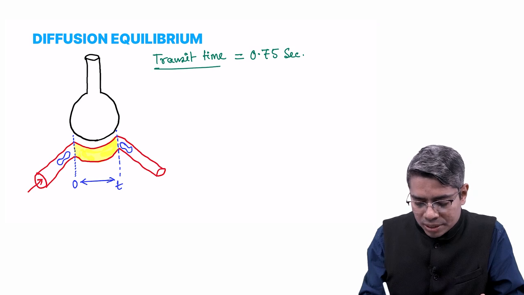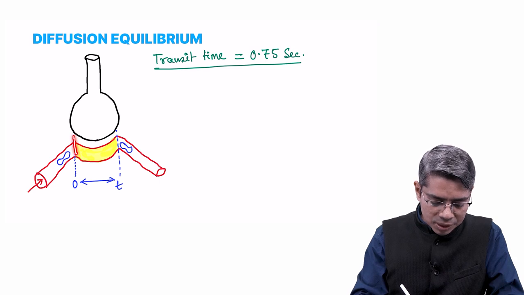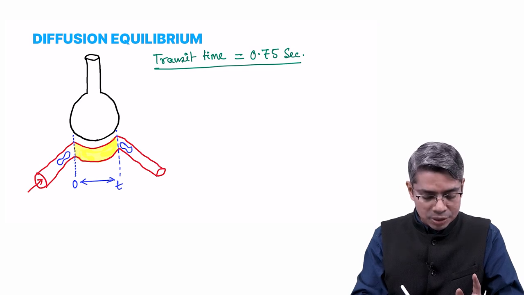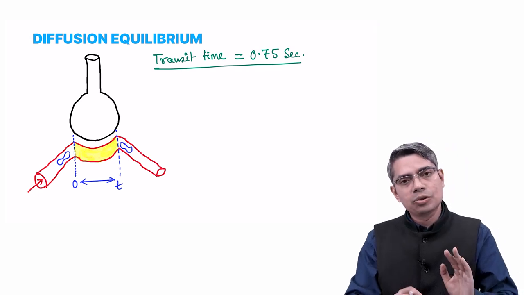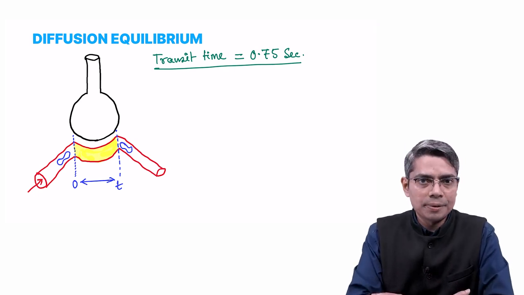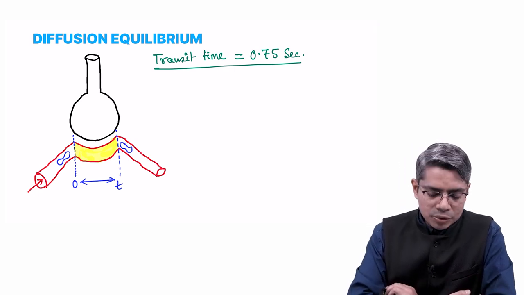So the total transit time is 0.75 second, means one RBC which is just entering inside this capillary, which is in touch with this alveoli, is going to spend 0.75 second inside this alveolar zone. Then it will go out of this alveoli. So within this transit time, what is going to happen?